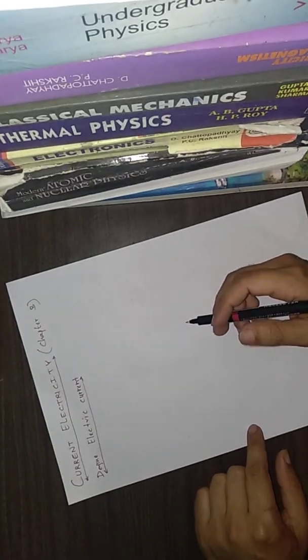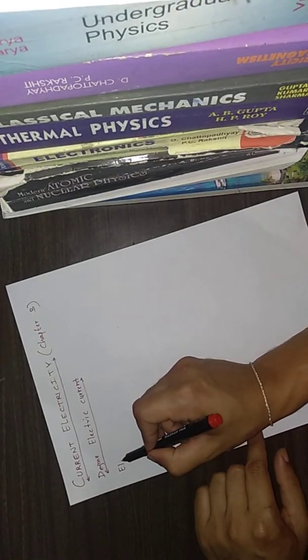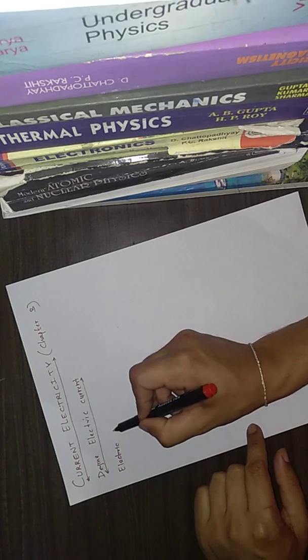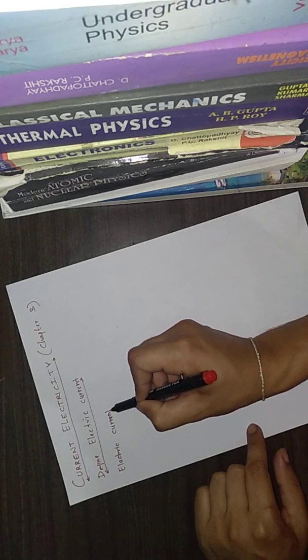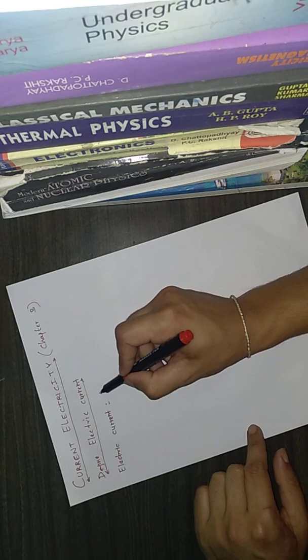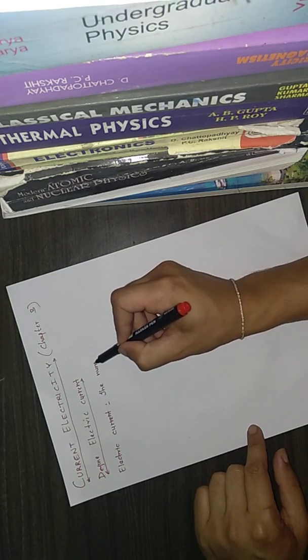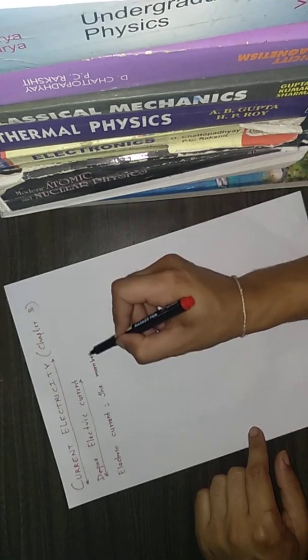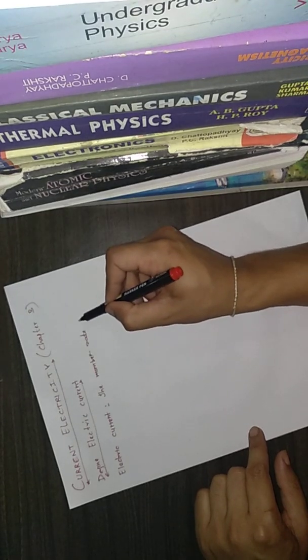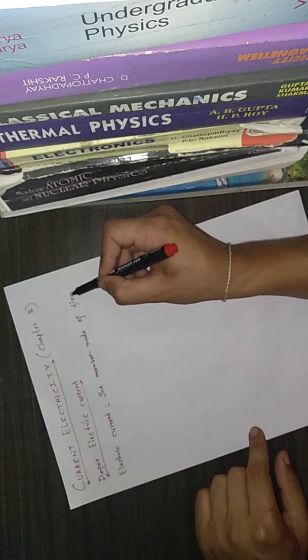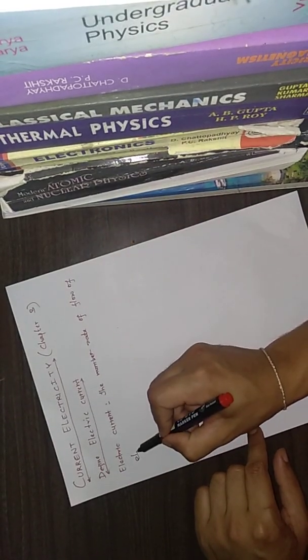So basically, what is electric current? Electric current is the number of, or the rate of, flow of electric charge.